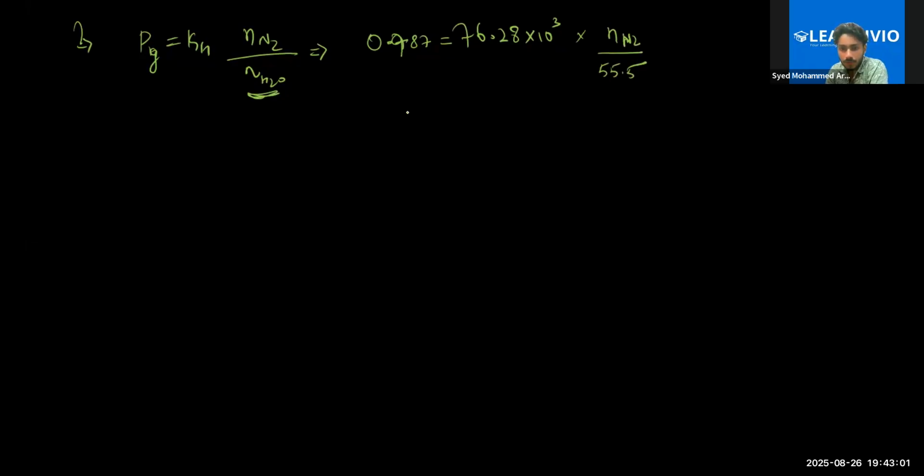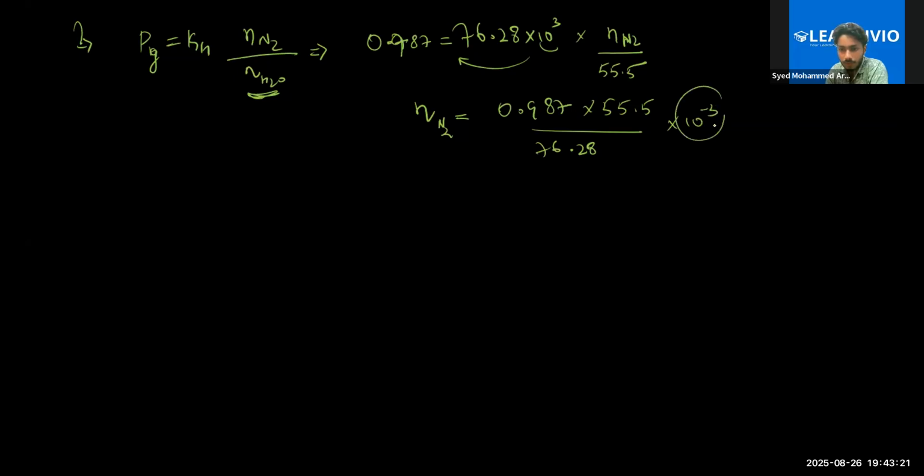So if I solve everything like this, 0.987 multiplied by 55.5, divided by 76.28, and if this 10 to the power 3 goes to the other side, this one would be my 10 to the power of minus 3. This one tells me the millimole.